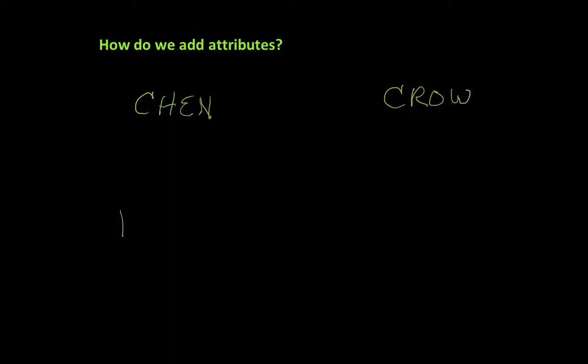So if we take a look at an entity using the chin notation, we'd have a user, and we put that user inside of a box. Now, if we wanted to add attributes to that user, the way we would show those attributes with the chin notation would be in this manner.